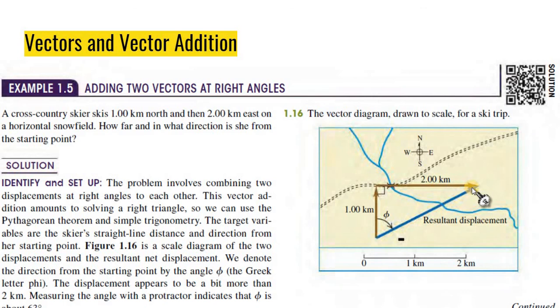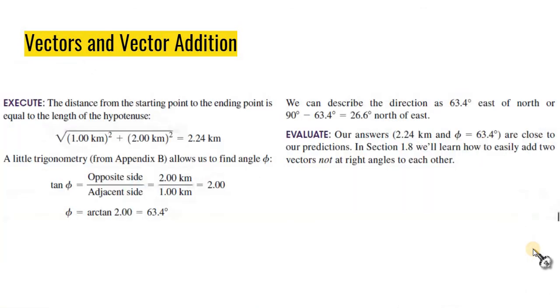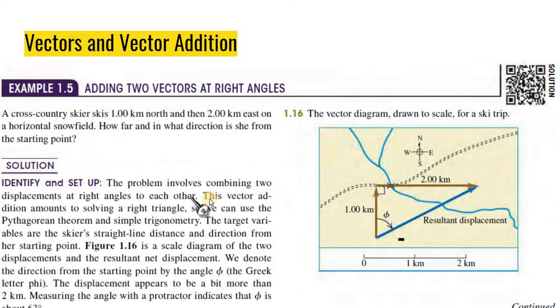The question is how far and in what direction. You draw a line from the starting point to the finish point of the skier, and that is the resultant displacement. The solution is here. As you see in the figure, it shows you the resultant displacement.